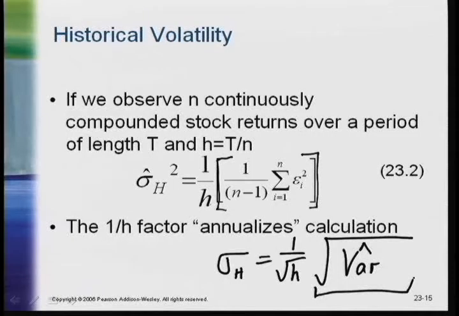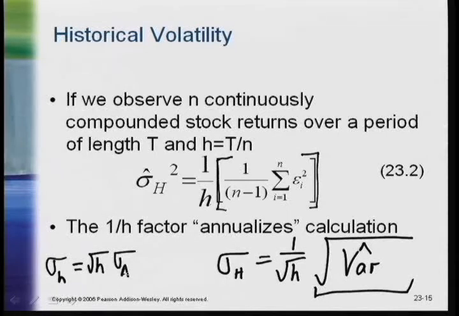And this is just exactly the opposite of our typical application in a binomial tree or in Black-Scholes, where we say that the standard deviation for a period of length h is square root of h times the annual.